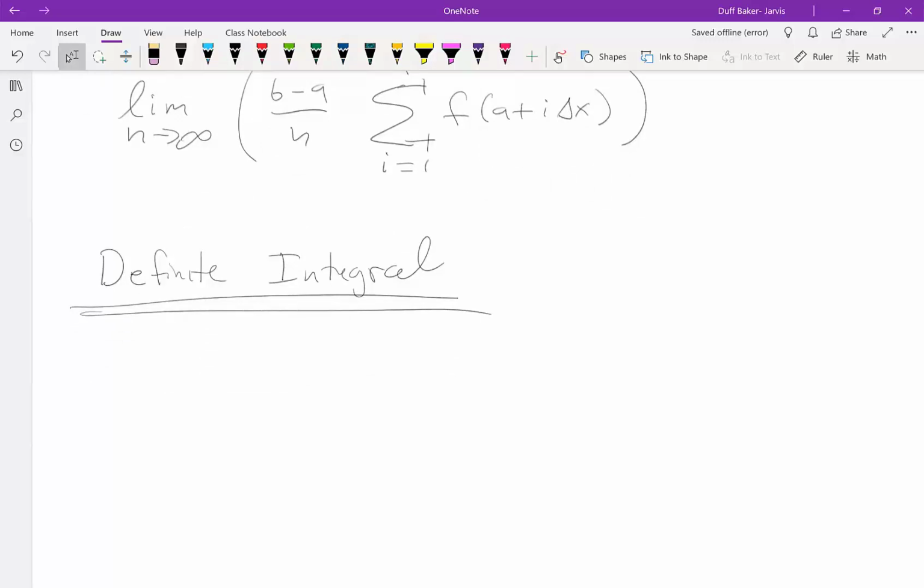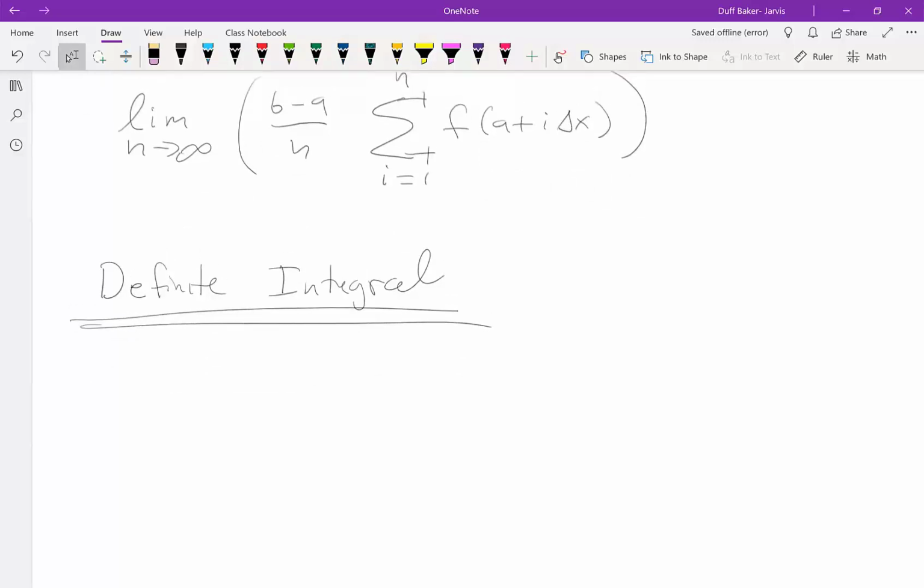So the definite integral just says the signed area. A lot of times we don't say the word signed, but it's sort of implied. Between an integrable function.